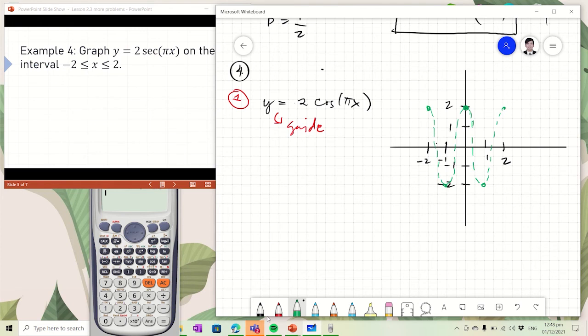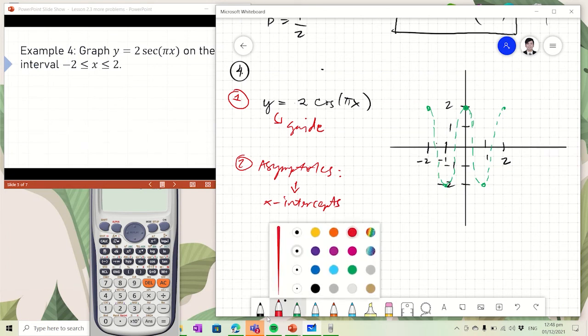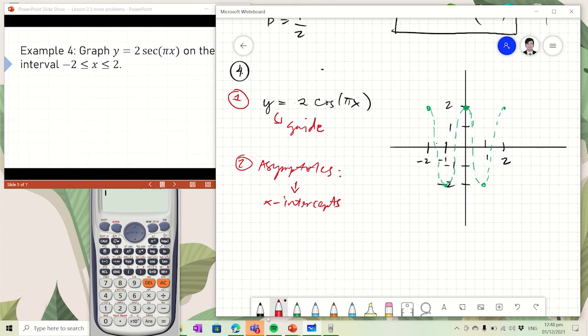And then afterwards, we just have to draw the asymptotes. So, paano natin madadraw yung asymptotes natin? So, yung asymptotes natin would be the x-intercepts. So, gawa tayo ulit ng broken line doon sa ating mga x-intercepts. So, that would be here.